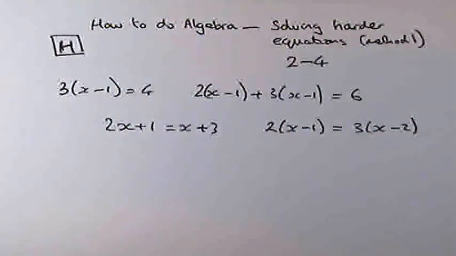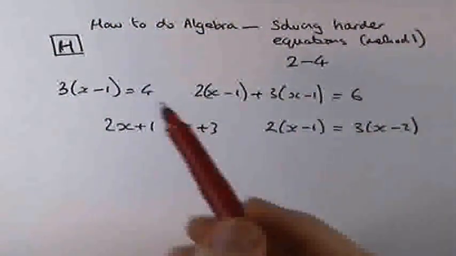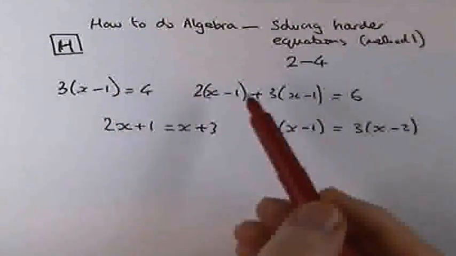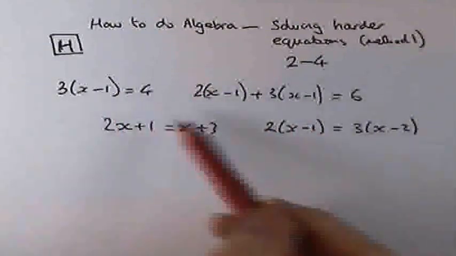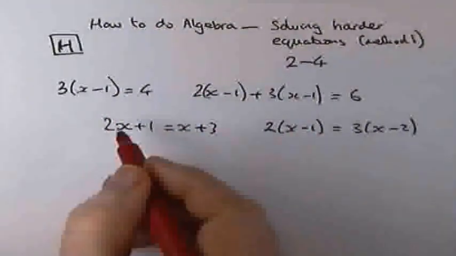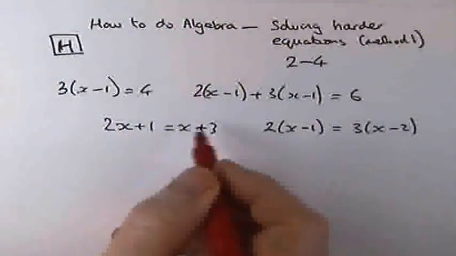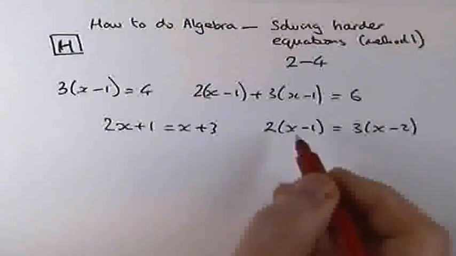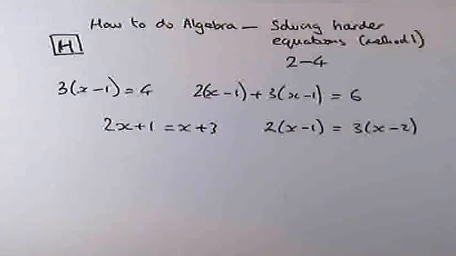What we're going to be looking at in this video is how to solve equations with brackets, multiple brackets on one side, unknowns on both sides, which means the x is unknown but it's on both sides of the equals, and then brackets on both sides. There will be a separate video on solving equations containing fractions, and that's the hardest part of these more basic equations before we get on to simultaneous equations.